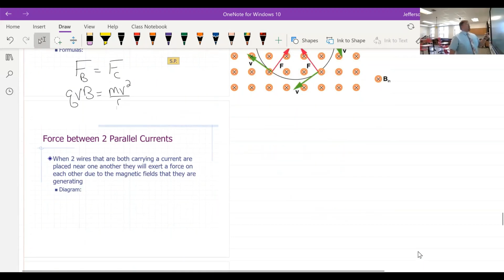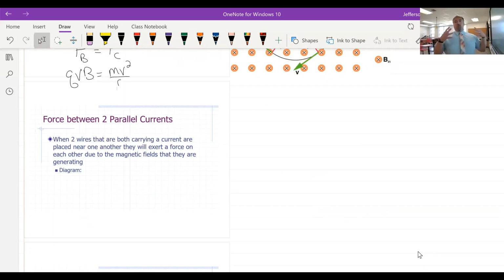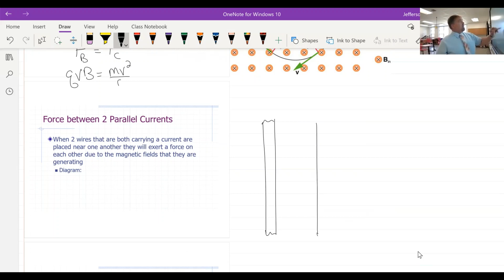Now, just like before, we had a generated magnetic field, a created magnetic field will interact with an external magnetic field. If you have two current carrying wires, each of those will create its own magnetic field, and those two magnetic fields will interact as well. And so if I have current traveling up in both cases, it'll create its own magnetic field, and these magnetic fields will interact as well using our right-hand rule.